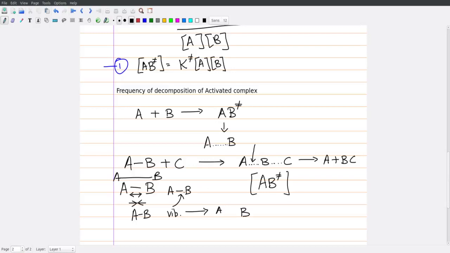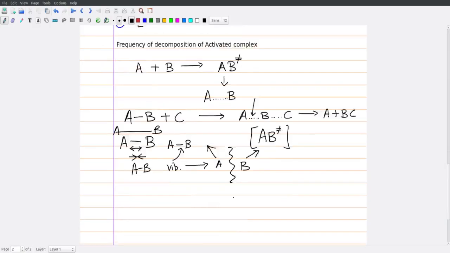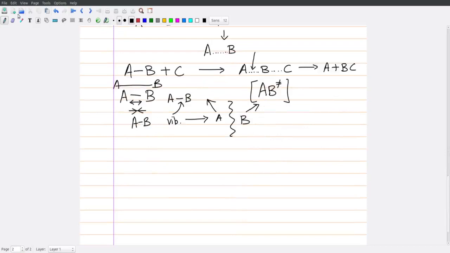Now this AB which was bonded is now able to move freely. A can move separately, B can move separately, right? So one of the vibrational modes is getting converted to a translational mode.